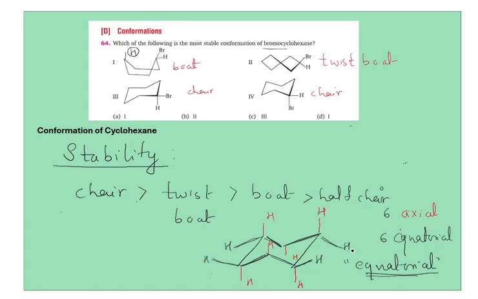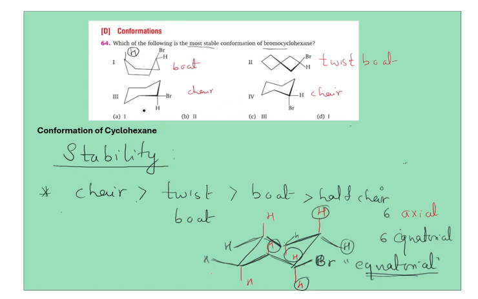Why equatorial position? When it occupies the equatorial position, there won't be steric hindrance with the other neighboring hydrogens. There is less steric hindrance, you can say. Suppose if it is in the axial, then you can see that this will have steric hindrance with the hydrogens given here. Okay, that's the reason. So now due to the bromine being in the equatorial position, we have established that that is the most stable.